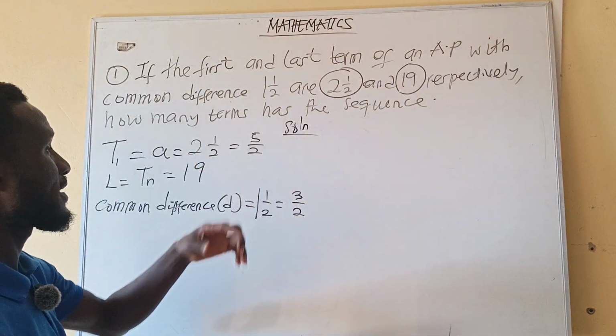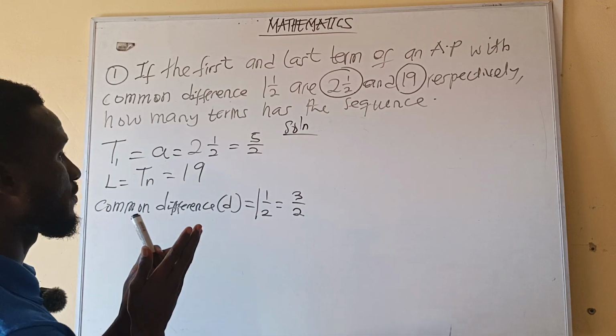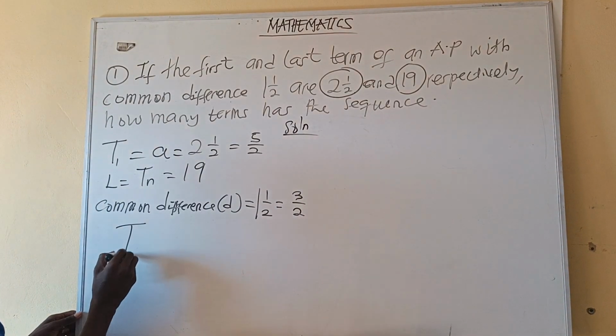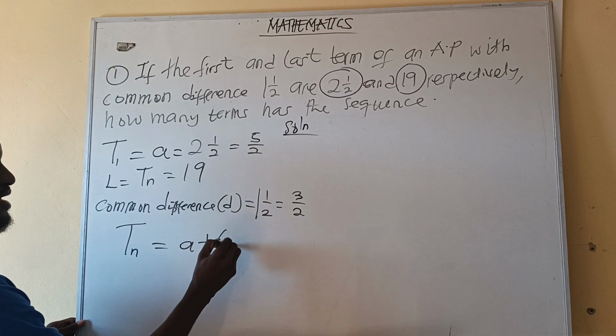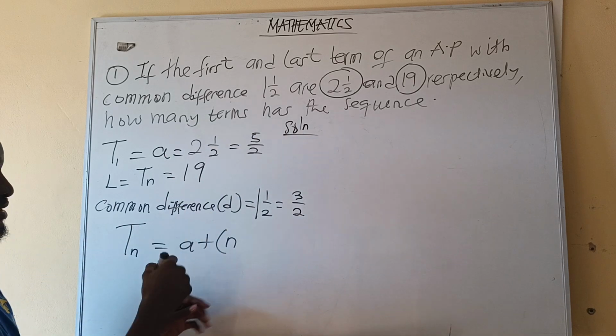Now we have to find the number of terms. From the formula of AP, the end term or last term is equal to A plus (n minus 1) multiplied by D, where n is the number of terms of the sequence.